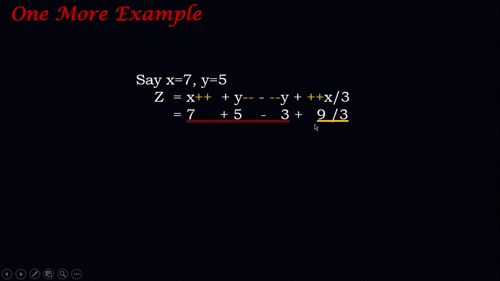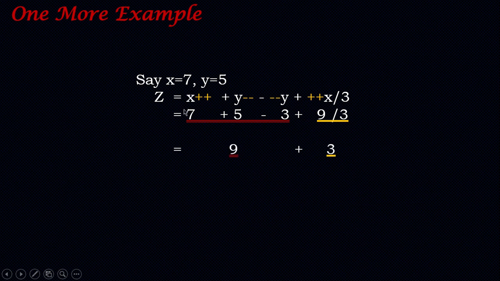Next, in the same manner, x value was 7 here, so a post increment was happening. So in the next case, it would have become 8. But again here, a pre-version is happening on 8, so that's why 9 value is being stored in x. So 9 by 3.